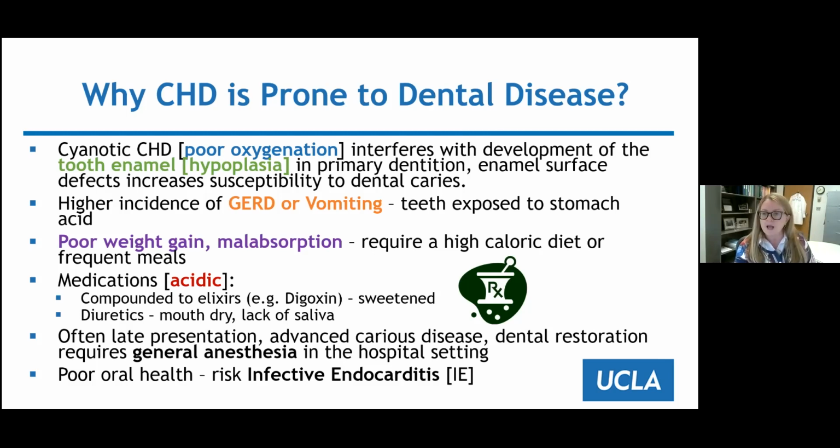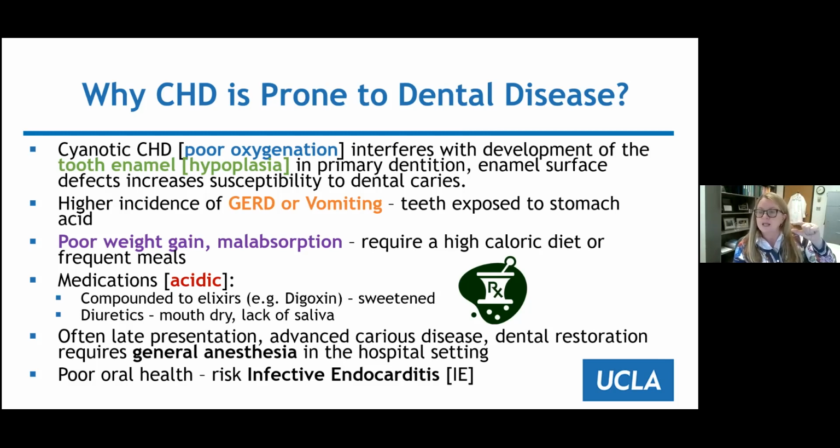So oftentimes these children are on a high calorically dense formula, where normal newborn formula is 20 calories per ounce. We often have to have these families mix it to 24, 27, or even 30 calories per ounce formula.